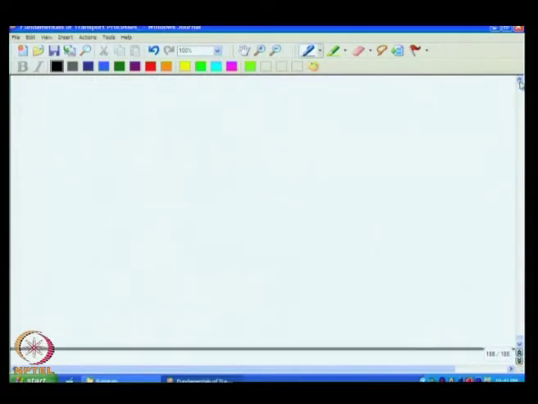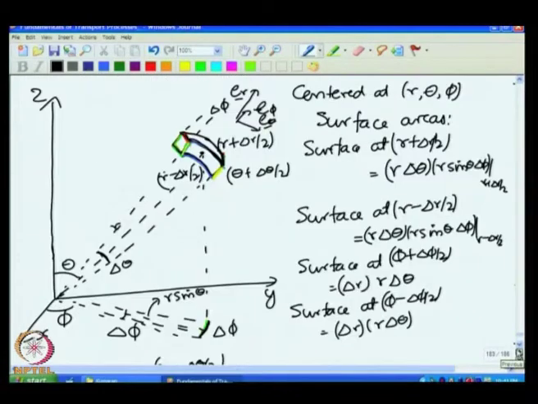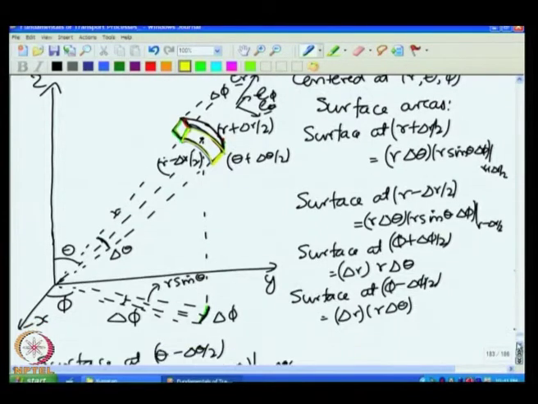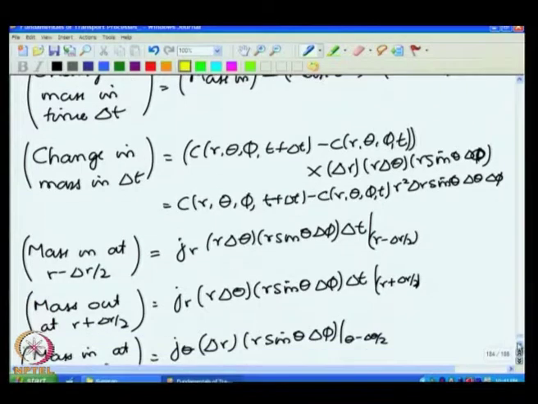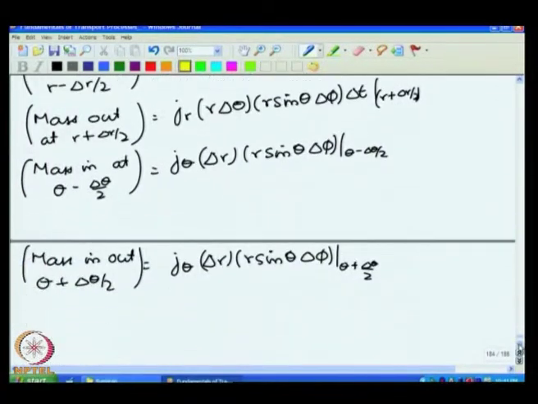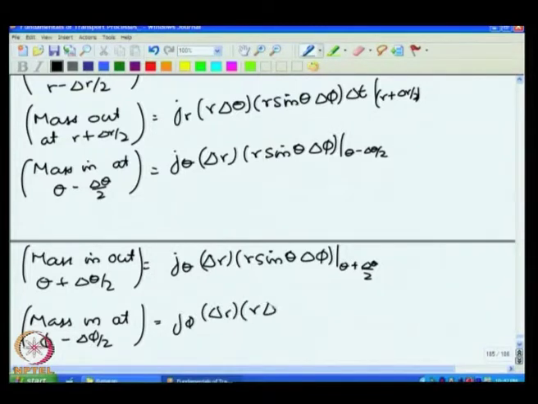Okay. And then I have two surfaces in the phi direction, that is the front and the back surfaces here. The two surfaces in the phi direction, this surface and the surface at the rear. So, for this, the flux at phi minus delta phi by 2 is equal to J phi times delta r times r delta theta.